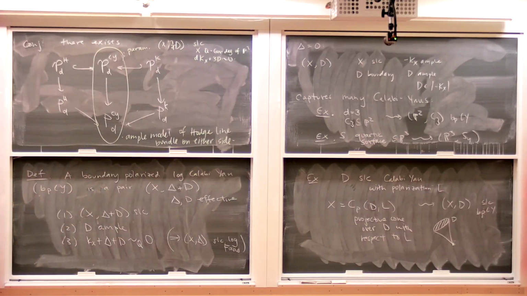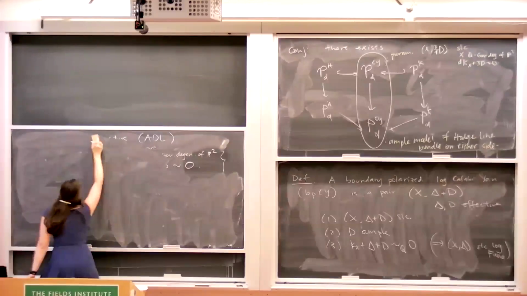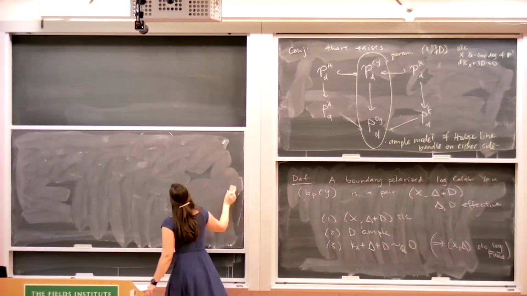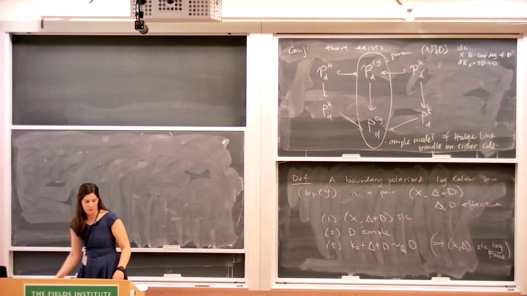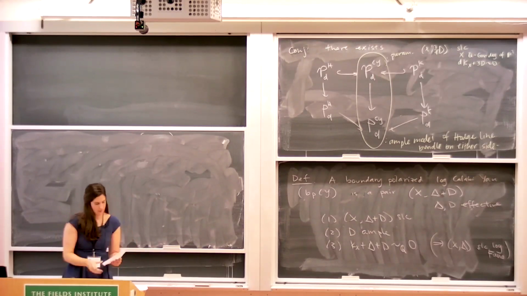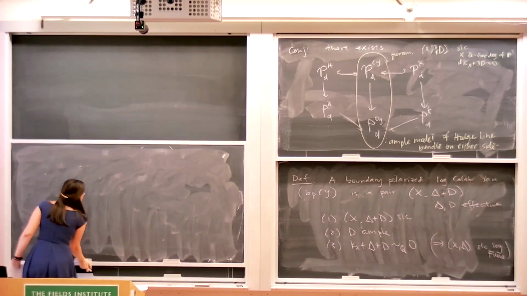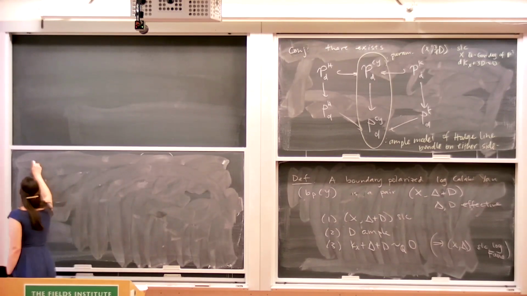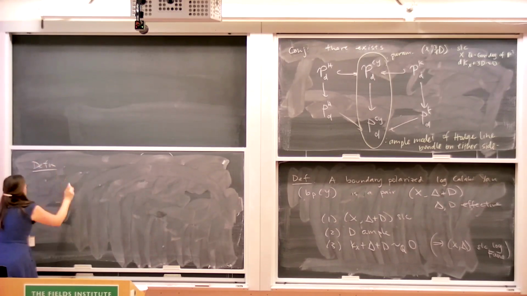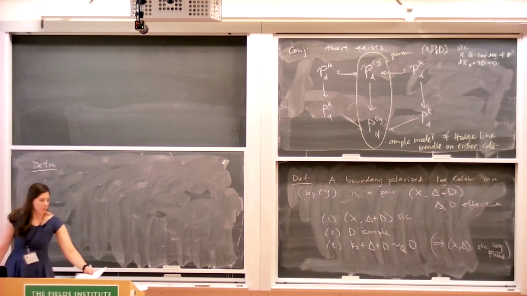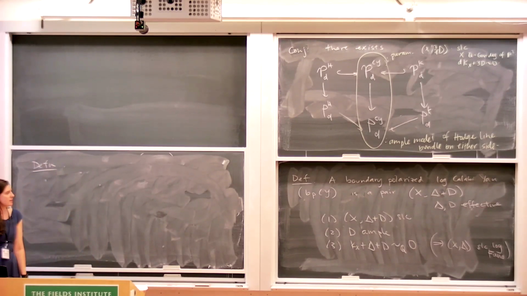Okay, so let's see if I want to write all of the indices carefully. Using these boundary polarized Calabi-Yaus, there is one number that I didn't tell you.